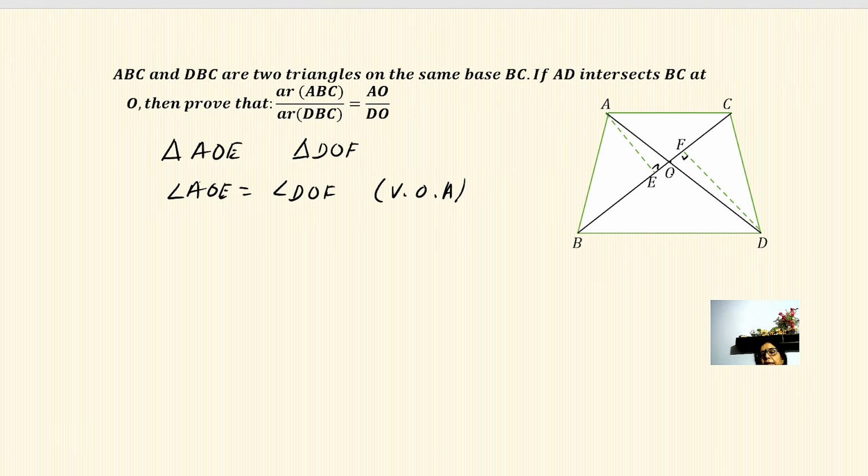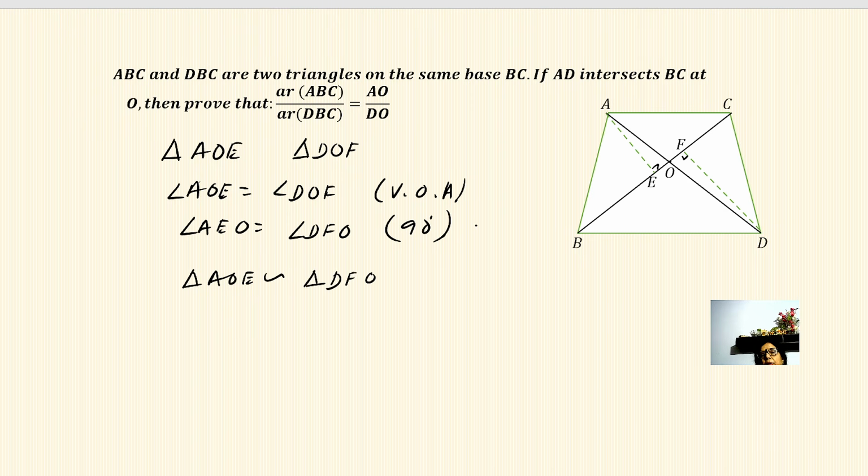And angle AEO is equal to angle DFO, 90 degrees each. So we get here the two triangles, triangle AOE is similar to triangle DOF.